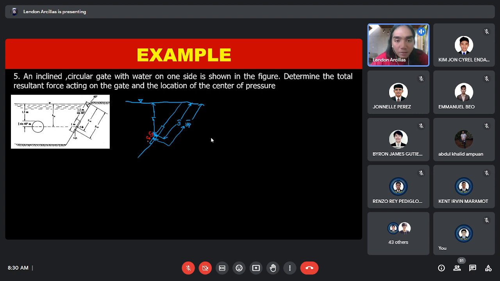So, saan mag-a-act yung hydrostatic force? Dito. But first, we need to find the value of this F or the magnitude of this hydrostatic force. And it says here that our, ano ba dito? Sin 60. And it says here that the circular dam is 1.5 meters from the surface. This one, 1.5.